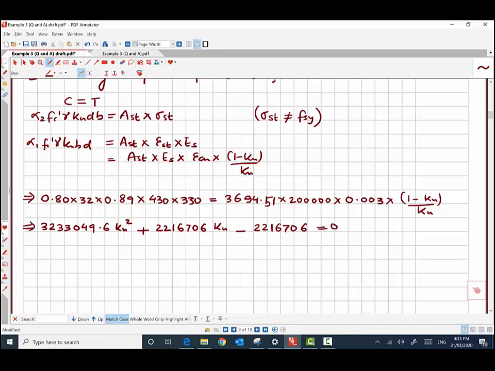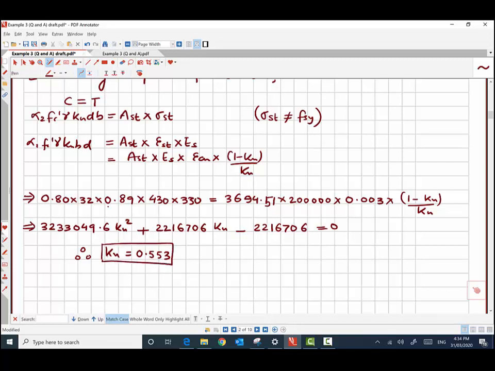You can see that this equation once simplified is a quadratic in Ku, and we can solve this equation to find the value of Ku. Therefore Ku is 0.553. Once we solve this quadratic equation, Ku comes to be 0.553.